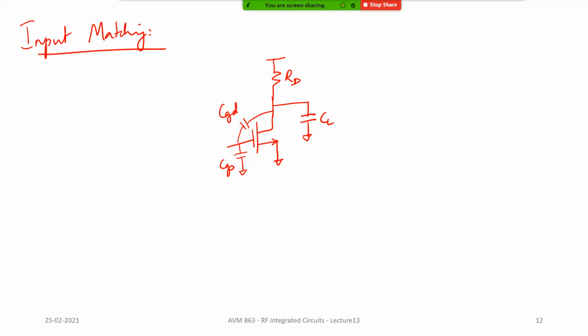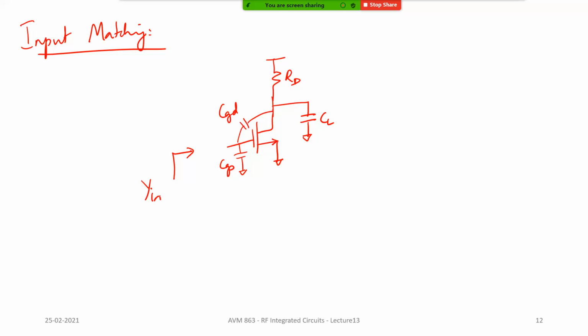Now, when you have a common source amplifier like this, you can try to find out what the Y-in or the Z-in is. I am not going to derive that. You can take the small signal equivalent circuit and do the whole derivation.